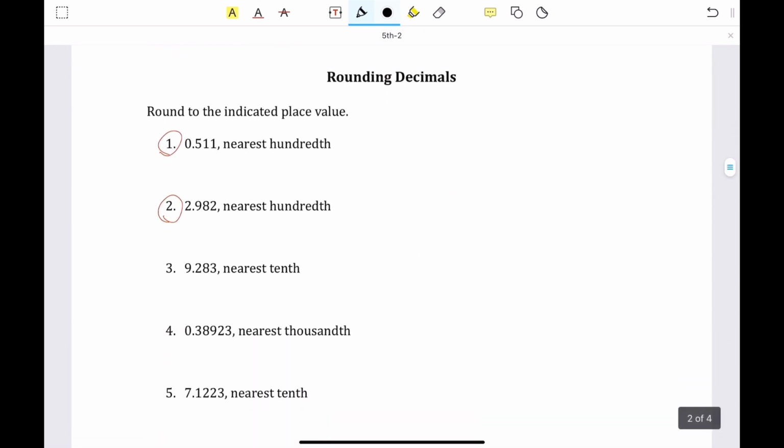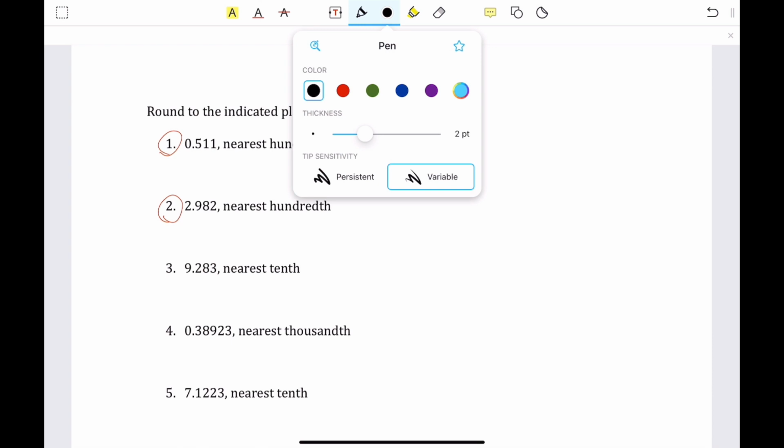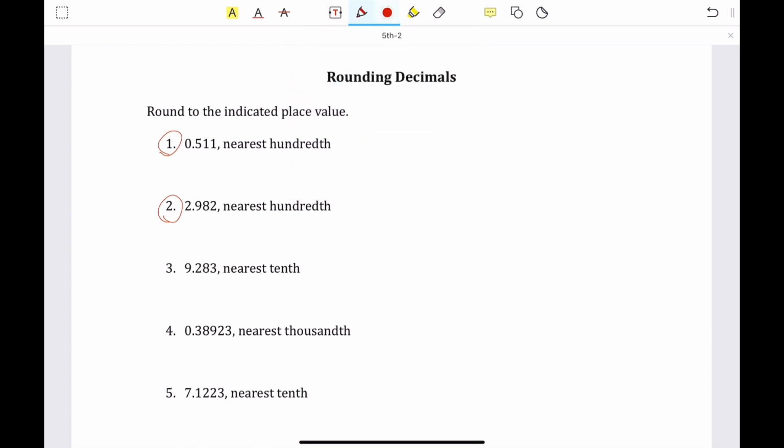Now the second section is rounding decimals, and it says round to indicated place value. So number 1, 0.511, and you're rounding to the nearest hundredths. Before you're able to round, you need to know your place values, which we learned in the last section. So nearest hundredth is referring to this one. When you're rounding to that number, you always have to look to the number to the right of it.